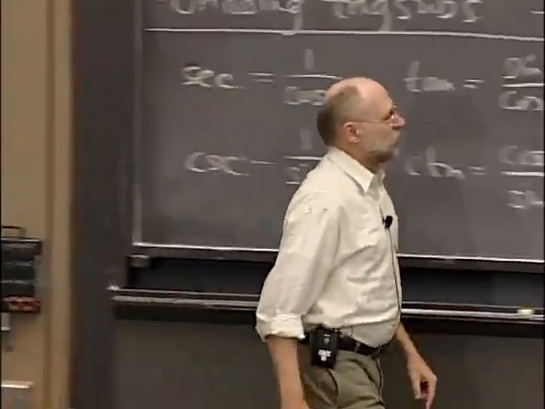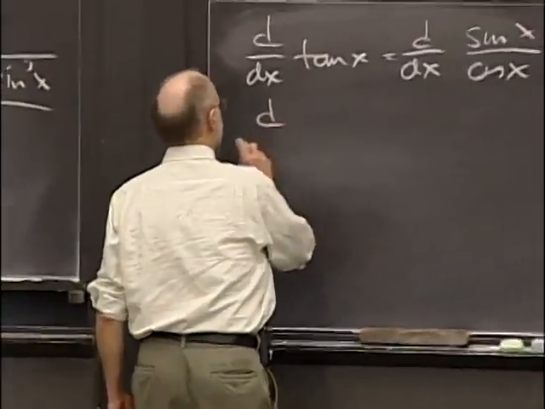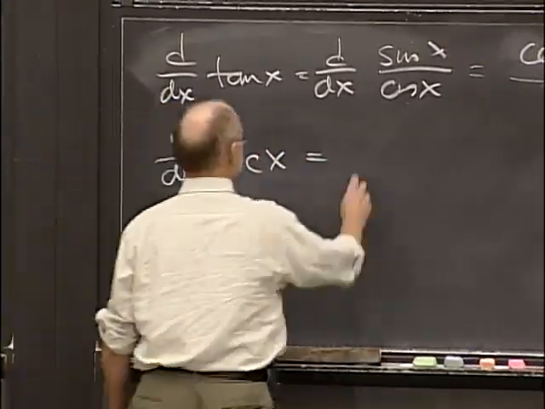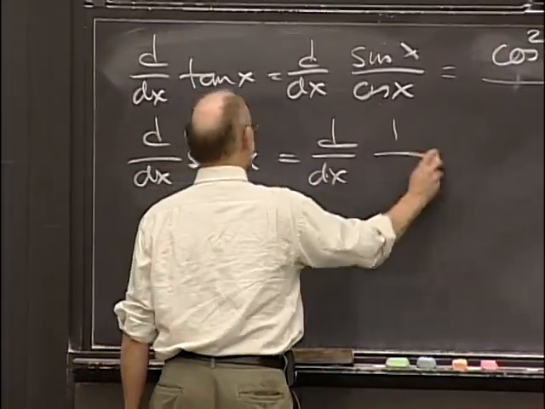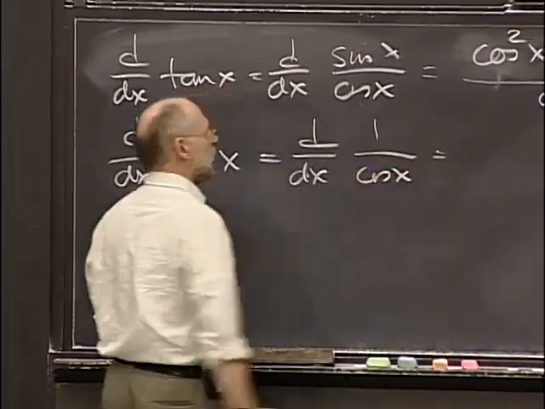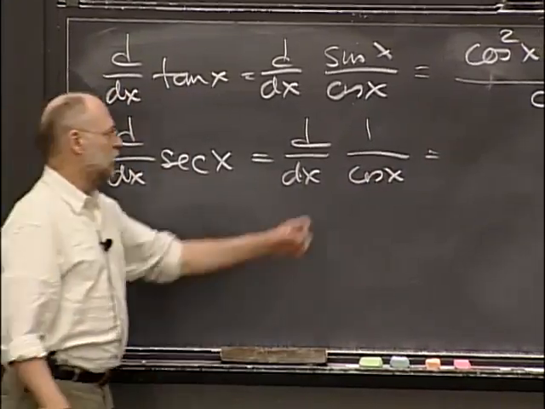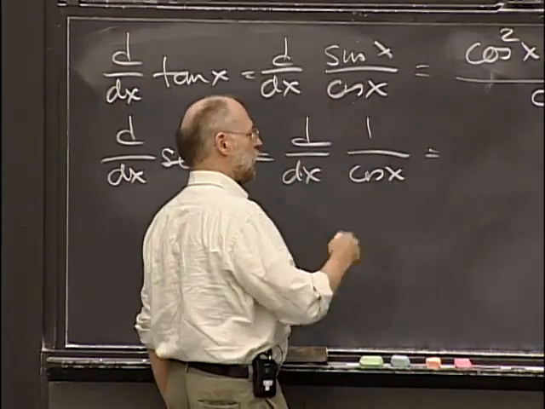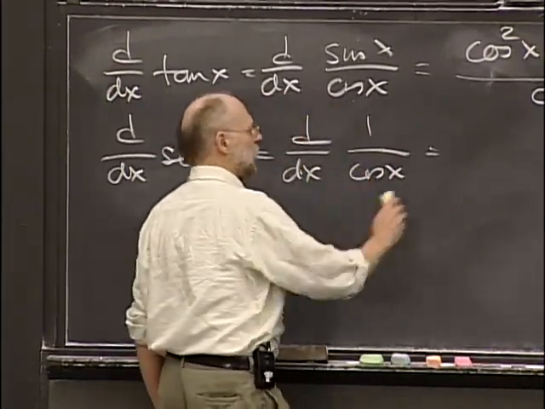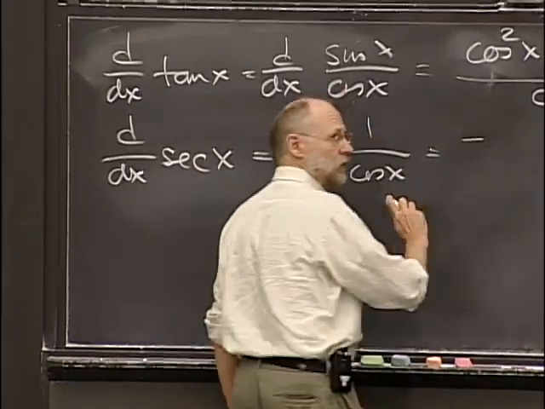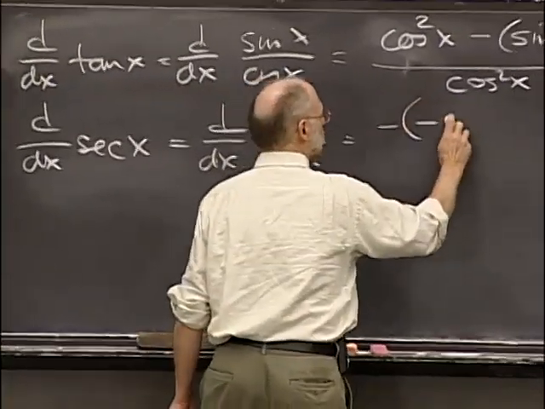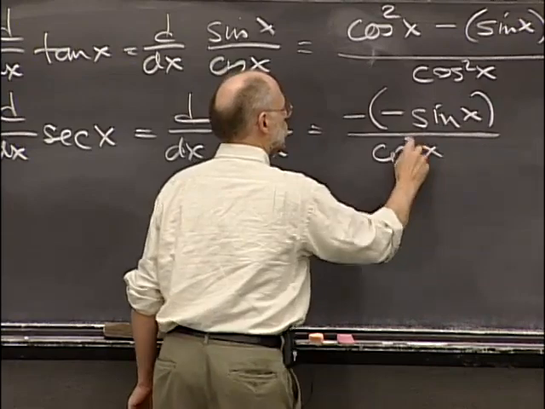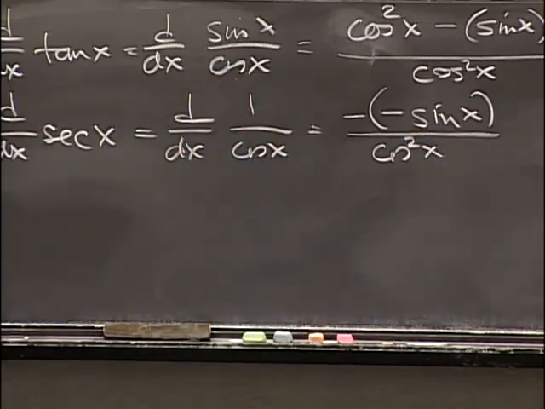Well, let's just do the second one as well. If I want to differentiate the secant, that's d/dx of 1 over the cosine. And again, I have a quotient. This one's a little easier because the numerator is so simple. So I take the derivative of the numerator, which is 0, and then I take minus the numerator times the derivative of the denominator, which is minus the sine of x, and put all that over the square of the same denominator.